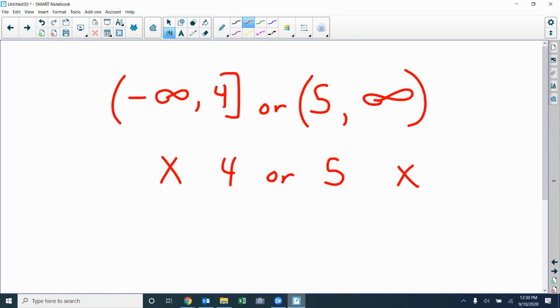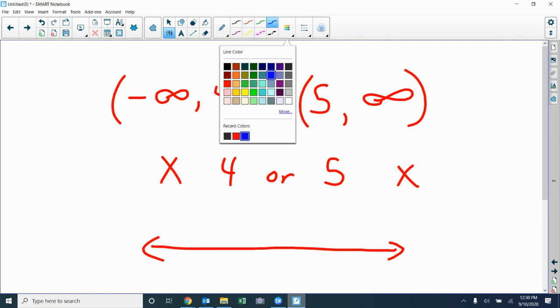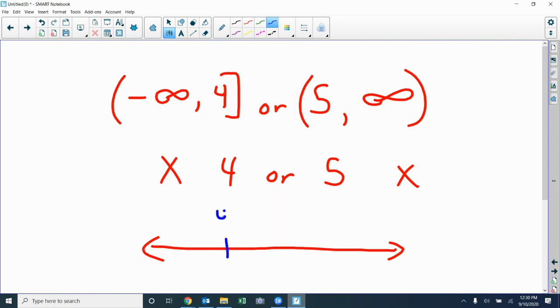What's this number line gonna look like? That's what that number line looks like. So, x needs to be what to 4?